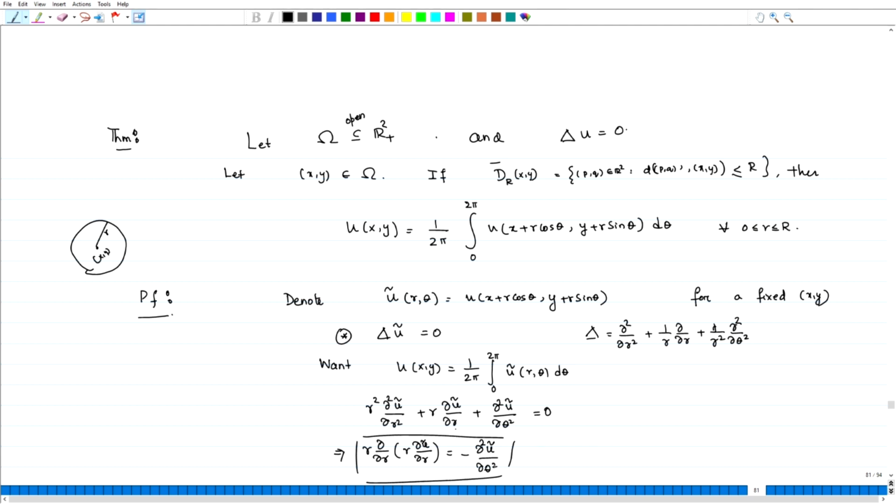Therefore, if I integrate both sides, this will imply that 1 by 2 pi integral 0 to 2 pi of del by del r of r del u tilde by del r d theta is equal to minus 1 by 2 pi integral 0 to 2 pi of del square u tilde by del theta square d theta.